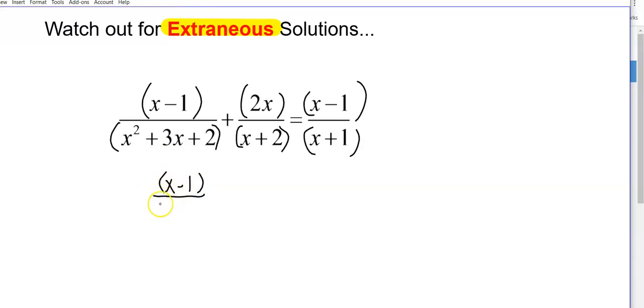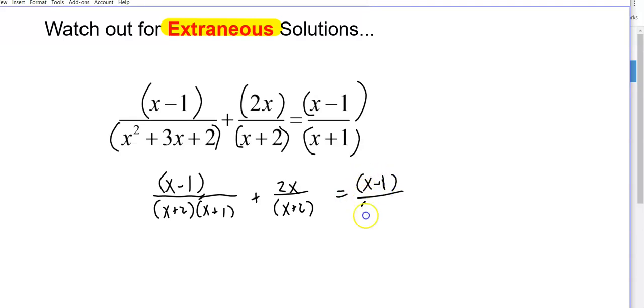So we get x plus 2 times x plus 1 plus 2x over x plus 2 equals x minus 1 over x plus 1.